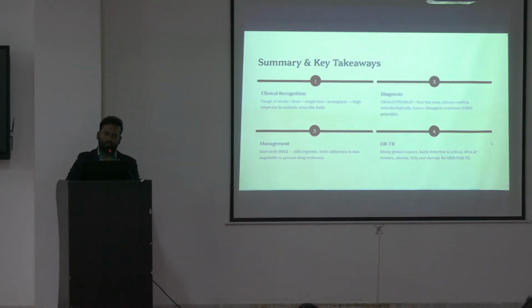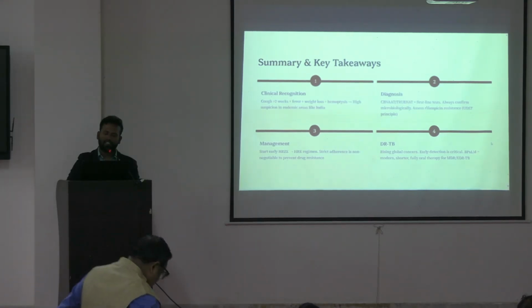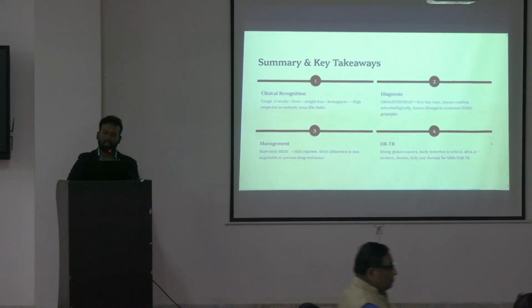For summary, clinical recognition: cough more than 2 weeks, plus fever, plus weight loss, plus hemoptysis, with high suspicion in endemic areas like India. Diagnosis: CBNAAT, TrueNat as first line test after sputum test; always confirm microbiologically and assess rifampicin resistance. Management: start early HRZE, then HRE regimen.